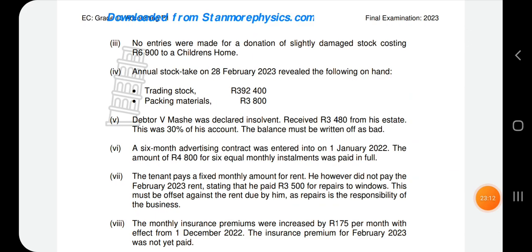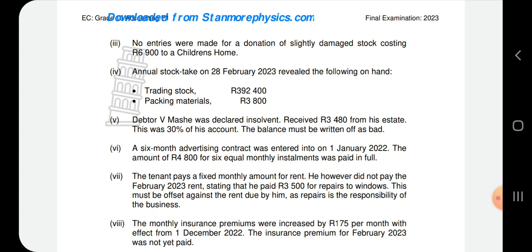Here you can say 3,480 times 70 over 30. We need 70%, we have 30%. So you can just say 3,480 times 70 over 30. And that will give us 8,120.